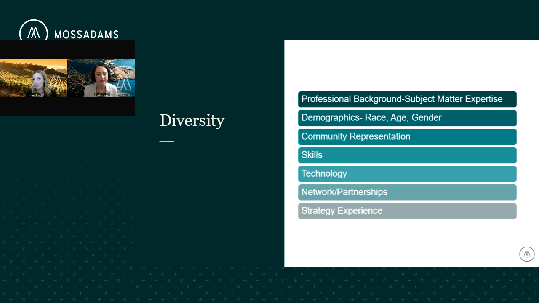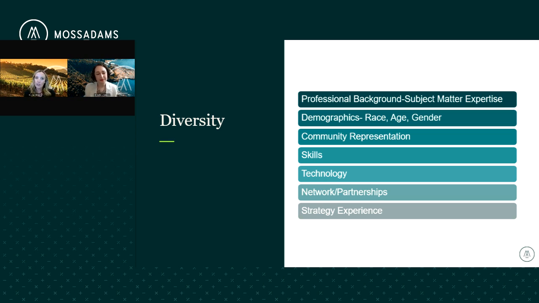Skills, are there specific skill sets that you need within your board? Technology, in today's digital world, this is an important one, making sure that you have this covered, as this can become a very expensive skill set within your organization, especially thinking about infrastructure or if there's going to be operations or programming needs in this area. So making sure that you have this subject matter expertise support.